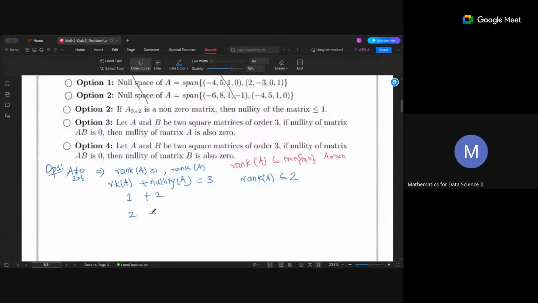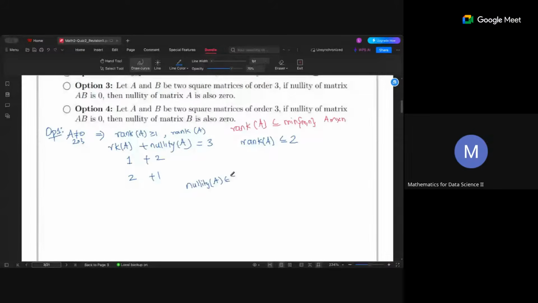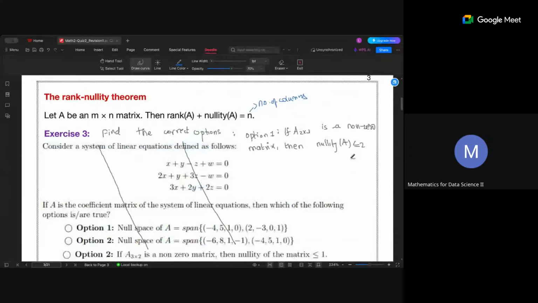So the statement that nullity is less than or equal to 2 is correct.